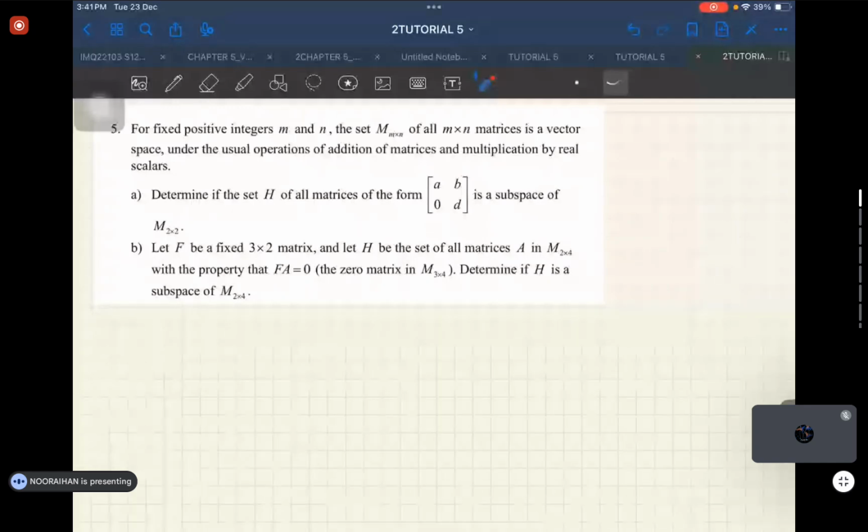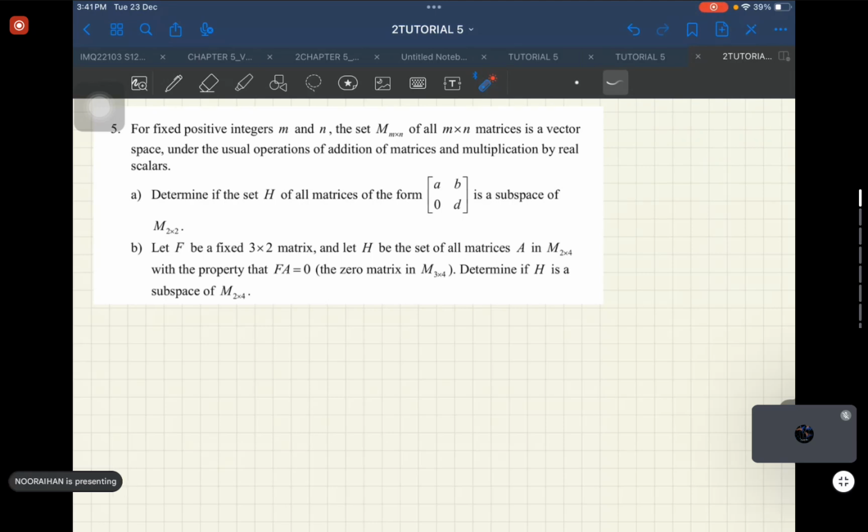Okay, that's the key. So how to answer this, number 5A? Let's check the zero vector. Okay, try to do by yourself first.